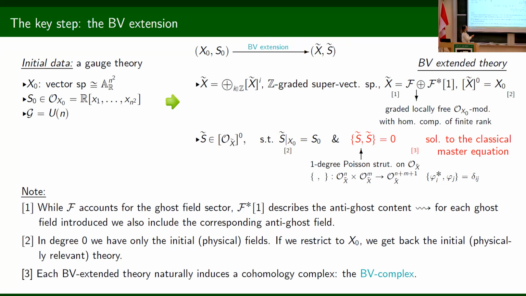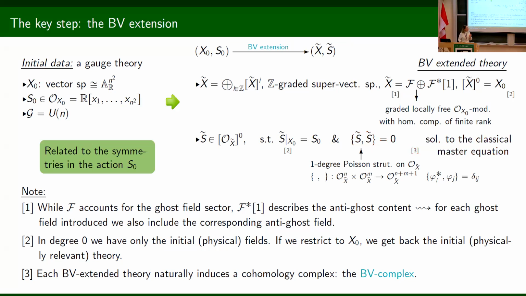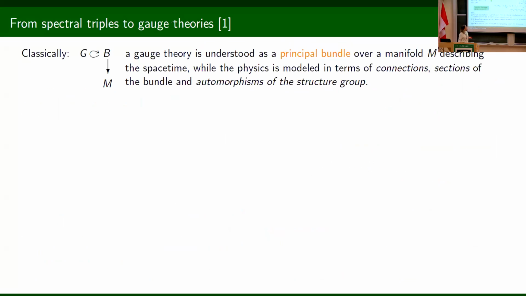There is a natural degree 1 Poisson structure coming from the pairing of an antifield with the corresponding field. This is just the classical Poisson structure. We impose that S tilde is a solution of the classical master equation, and this is what tells you that there is a natural cohomology in this. And this is of course related to the symmetry of the action.